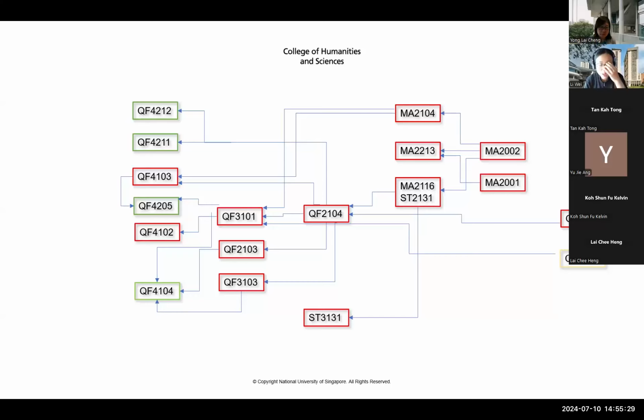If you are looking for a job in the financial industry, QF would prepare you more. But DSA is targeting data science. In QF we also deal with data, but I don't think DSA requires any core module from QF. They have their own focuses.